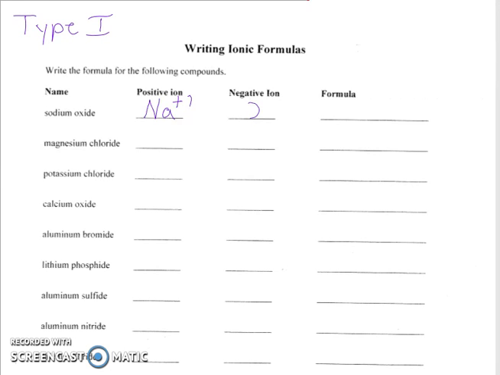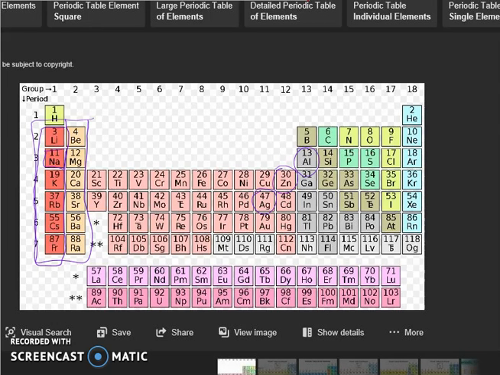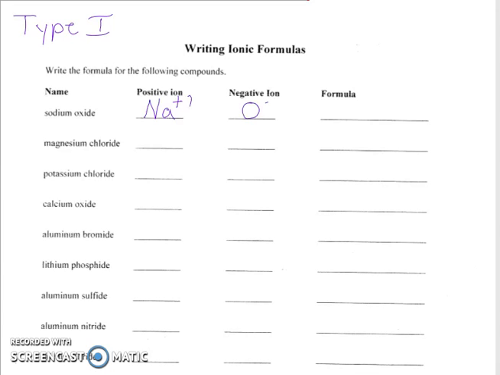Oxygen looks like this, and when I look at the periodic table, I see oxygen right here, and I know that that group gains 2 electrons. So it has a -2 charge.